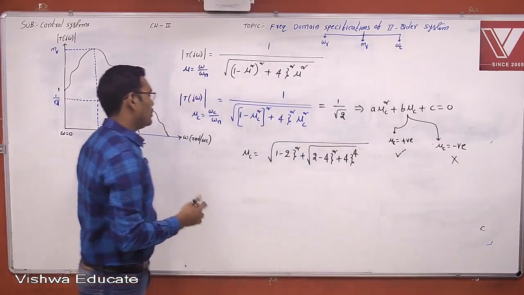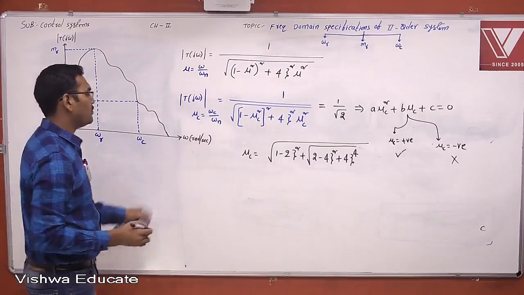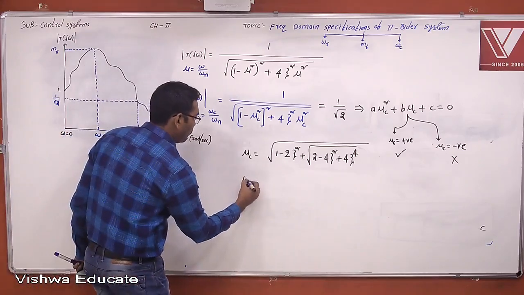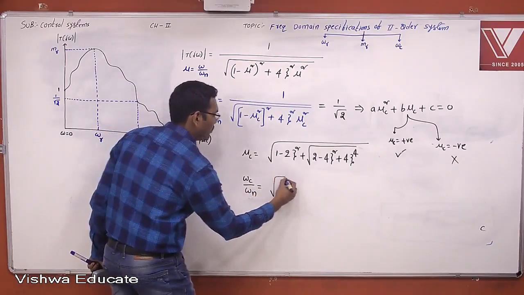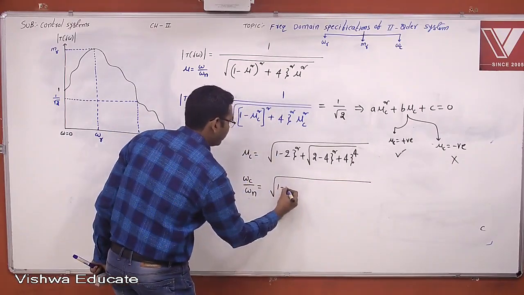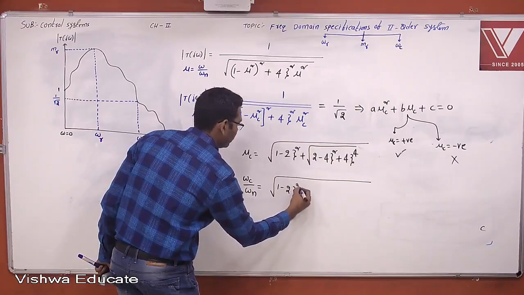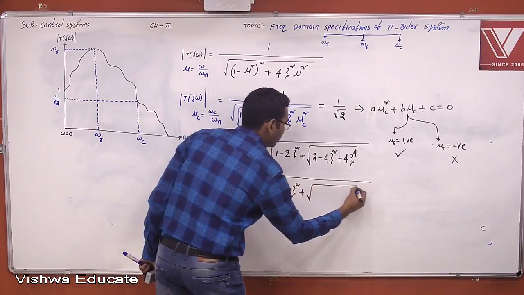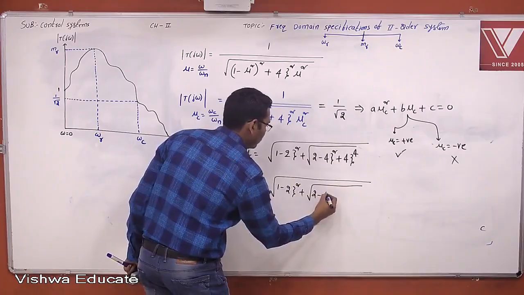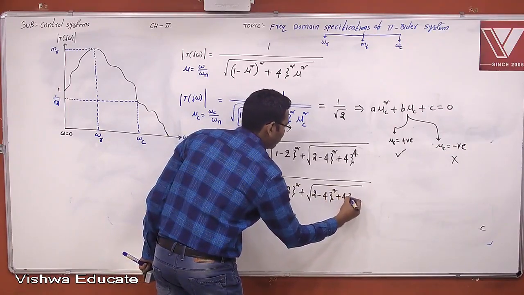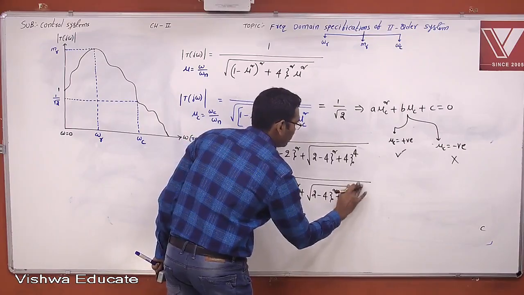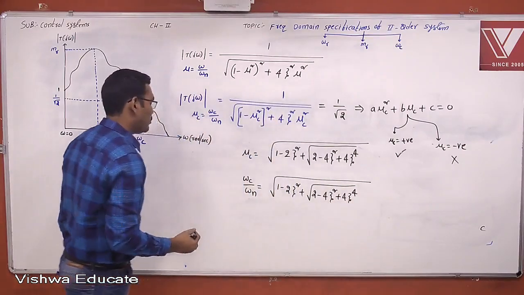Now this is mu c, but I want omega c. What is mu c? Mu c is nothing but omega c by omega n, which is equal to this one. Now what is omega c?